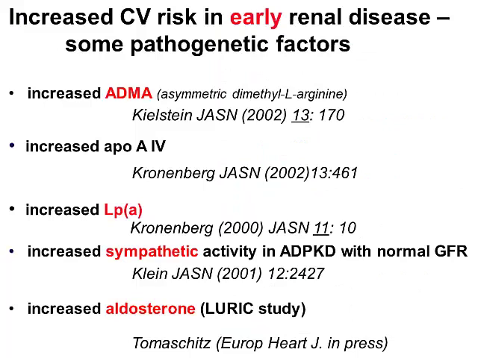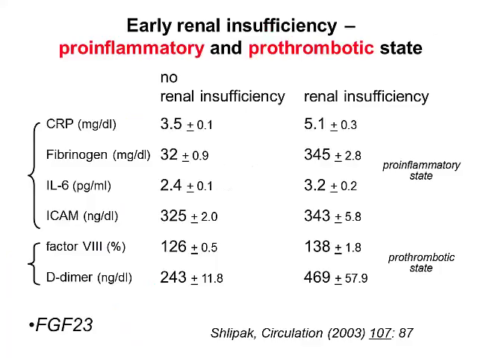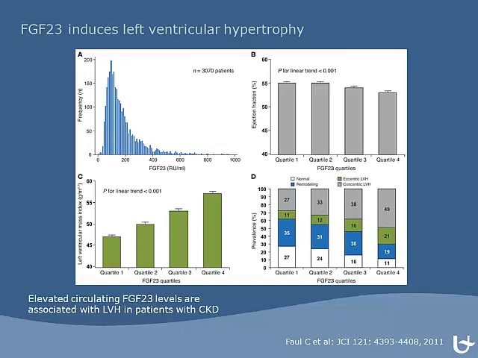I will not go over that, but just show you, for those who are interested, and you can use the slides for the lecture, several mechanisms have been put forward. In addition, end-stage renal failure is a pro-inflammatory state, we know that, and this has been said already several times, a pro-thrombotic state due to several factors which are clearly increased in those patients. And here I introduce something new, which I think is very important.